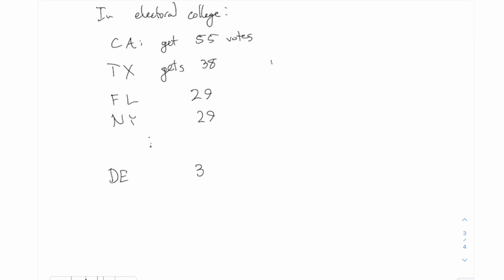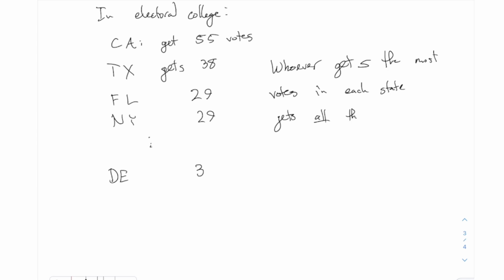But anyway, the way it really works is whoever gets the most votes in each state gets all those points. Actually, there are some exceptions. So, like I said, there are many people who believe that the Electoral College system is a bad thing for democracy.